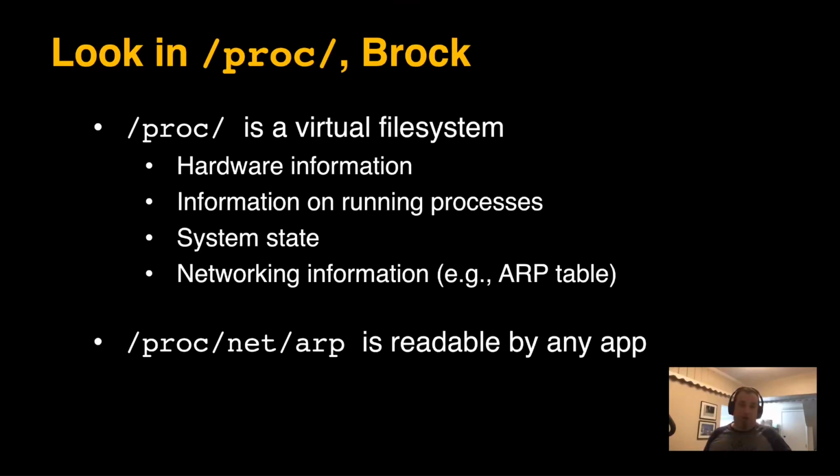So if you open up proc/net/arp, that, up until the most recent version, I believe in 10 this was fixed, proc/net/arp was world readable. So any app can open that, and that has the MAC address of the upstream Wi-Fi router. Now, the BSSID, or the MAC address of the upstream router, that can potentially leak location data, because those tend to be in fixed places.